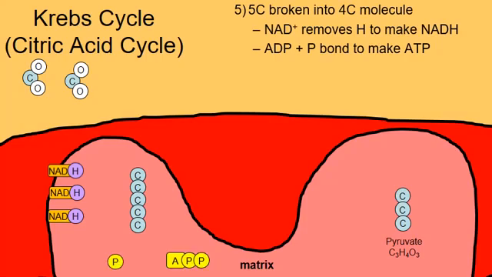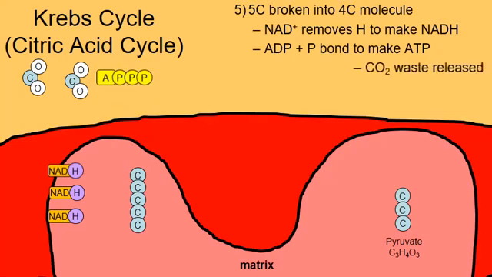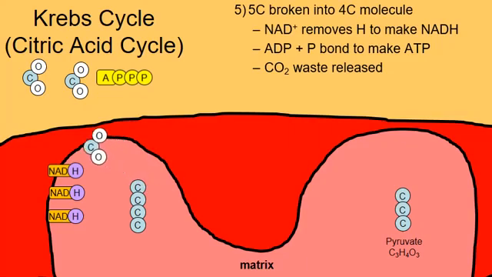And here's a molecule of ADP and a phosphate. Enzymes bring these molecules together, and in the breakdown of this 5-carbon molecule into a 4-carbon molecule, the ATP is bonded together. And also in the act of doing this, carbon dioxide waste is created. So that's how it goes from a 5-carbon to a 4-carbon molecule.